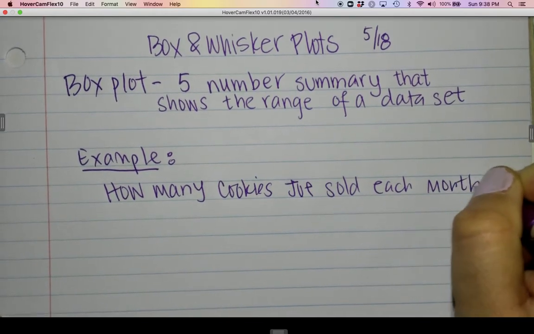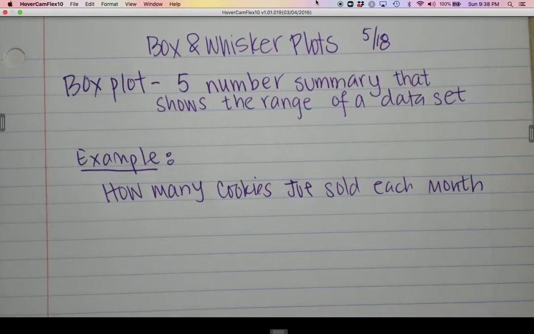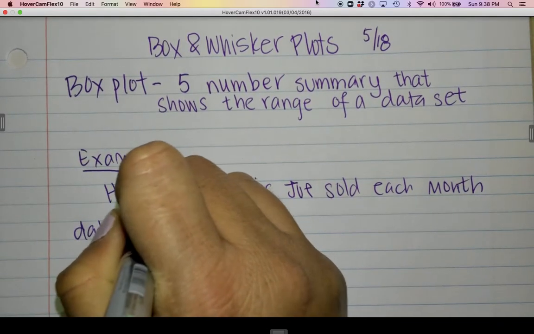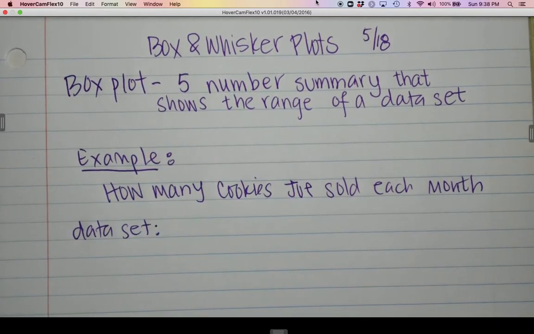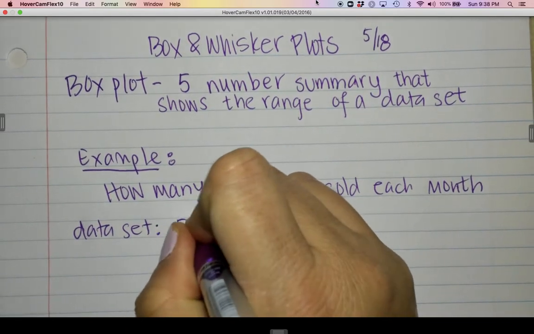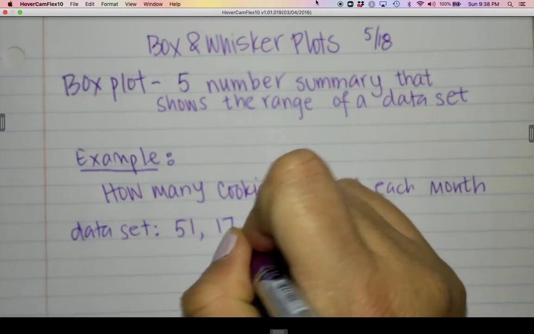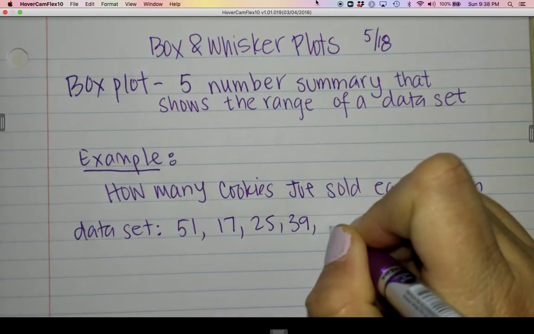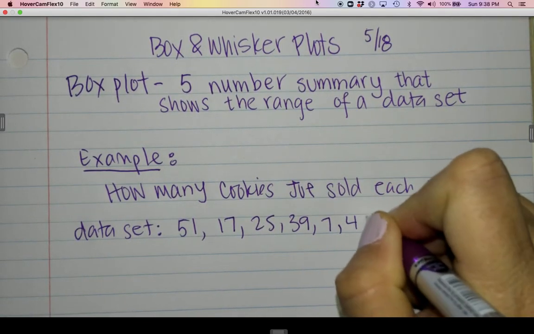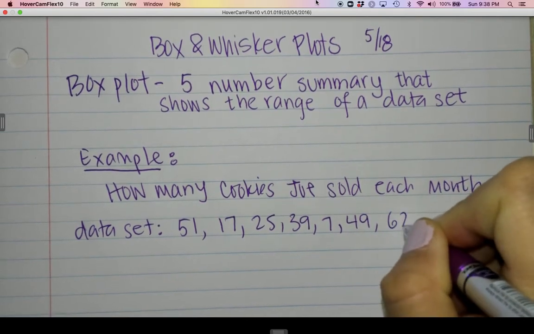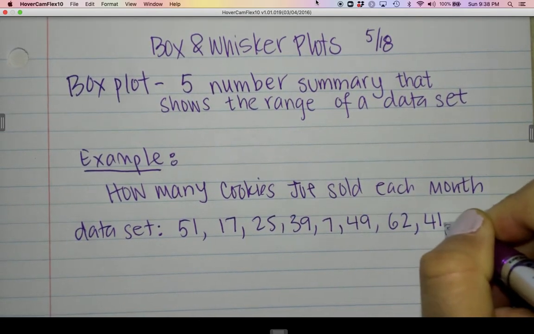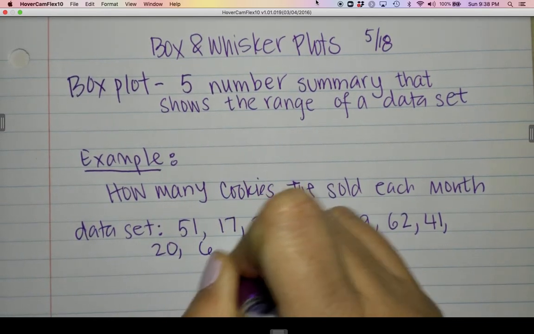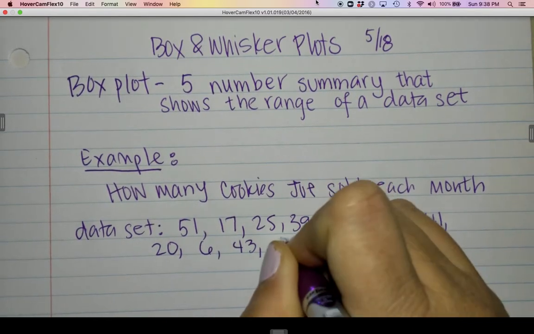And so our data set is 51, 17, 25, 39, 7, 49, 62, 41, 20, 6, 43, and 13.